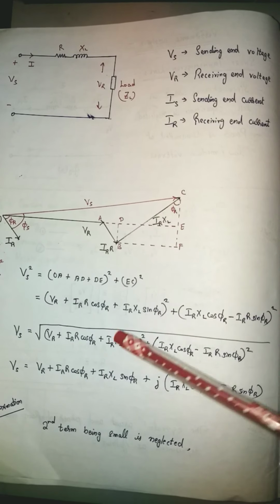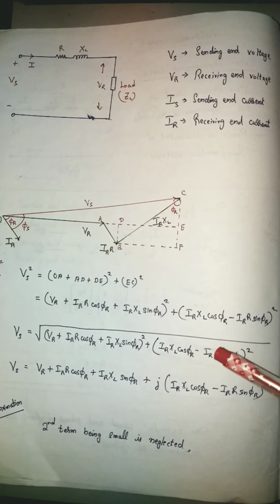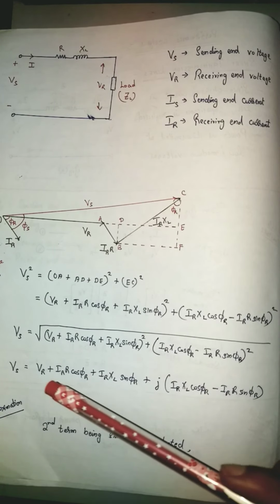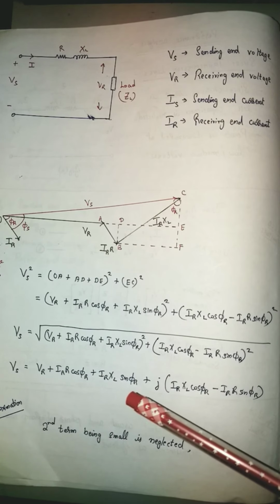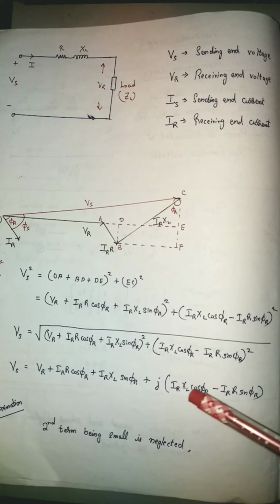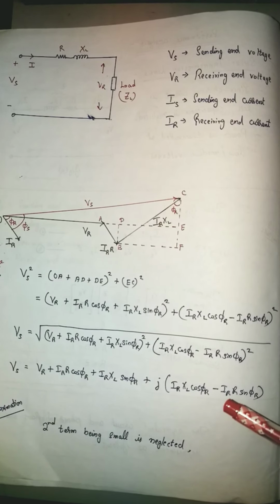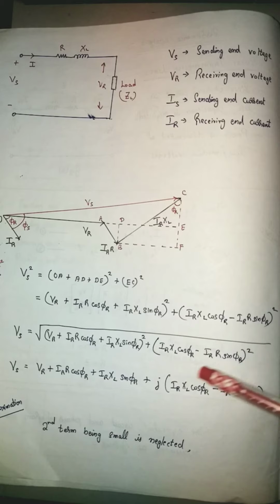Then we take the square root, we try to simplify this and write this in rectangular form. So it is written in the form of r plus jx, real component and then imaginary component. And our approximation says that the imaginary part of the component is generally neglected.